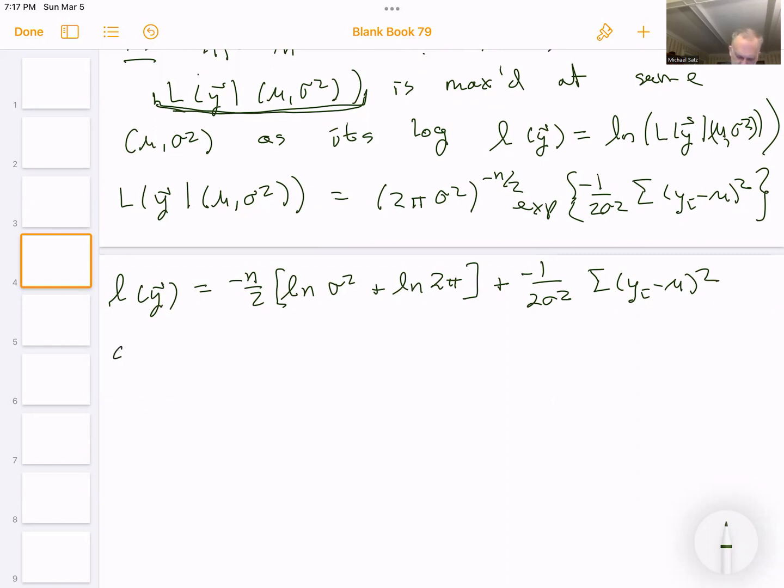So we want the couple partial derivatives. So we have dl y d mu. This whole first piece goes to 0.